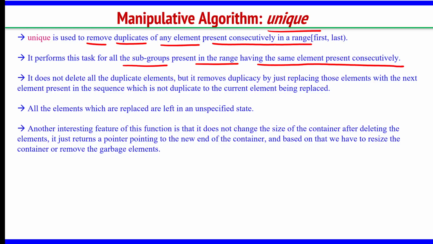If the elements are consecutive, only then it removes. Okay, it does not delete all the duplicate elements, but it removes duplicacy by just replacing those. This is the internal logic, how it does, right. All the elements which are replaced are left in an unspecified state.